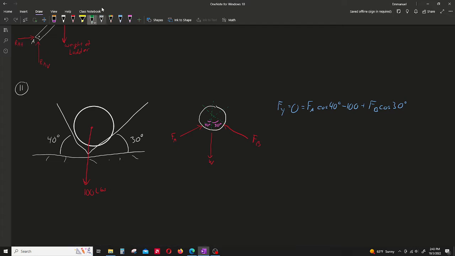Basically all we did there was break these up into their two components: FB in the X, FB in the Y, FA in the Y, FA in the X, like so. FA cosine 40 is our FA in the Y, and FB cosine 30 is our FB in the Y.